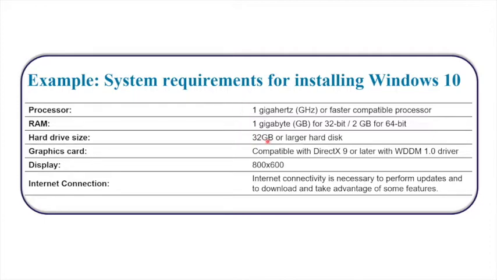In order to run, Windows 10 also needs 1 gigabyte of RAM for a 32-bit version of the operating system, or 2 gigabytes for a 64-bit version. And if we recall, the computers on the previous slides had 8 gigabytes and 16 gigabytes of RAM, respectively. Windows 10, again, needs a 32 gig hard drive or larger for storage.